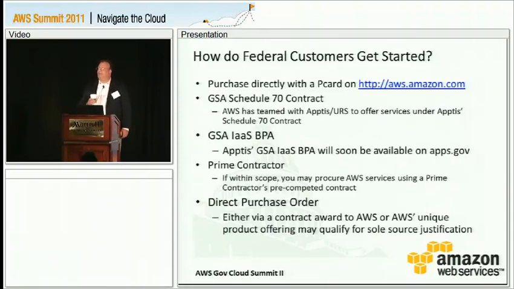So I think fedcloud.com is the Aptus website where you can look at this. Another option is if you procure AWS services as a prime contractor in a pre-competed contract, and the last option is direct purchase order. So those are the ways that you can procure services today, and we have lots of customers who are doing so.